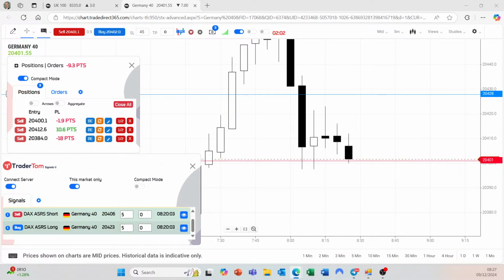Shorting the DAX here at 400. So an aggressive school run.